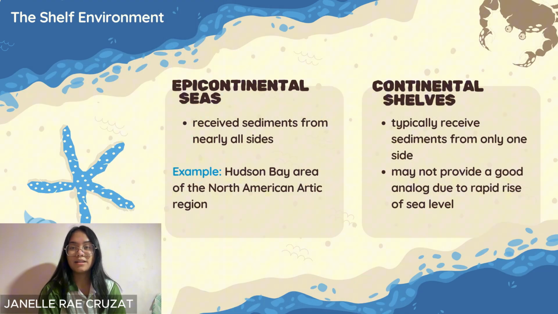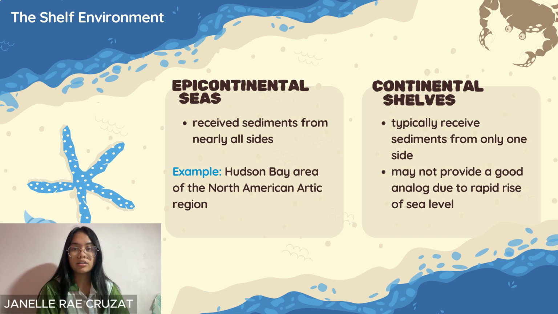When we study the modern continental shelf environment, we often use it as a model for understanding the neritic zone. However, it is important to recognize that many shallow marine deposits preserved in the geologic record may have been formed in epicontinental seas, not on modern continental shelves.